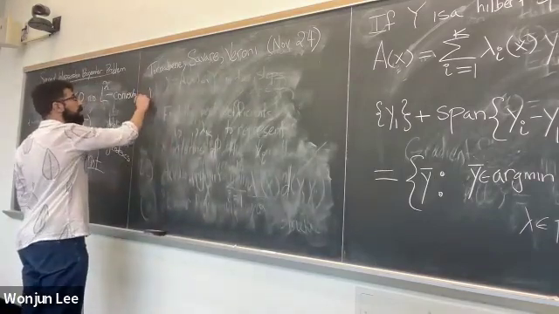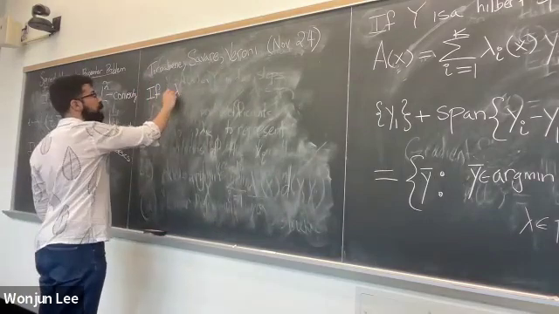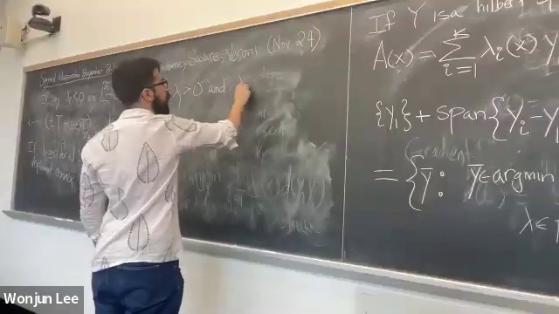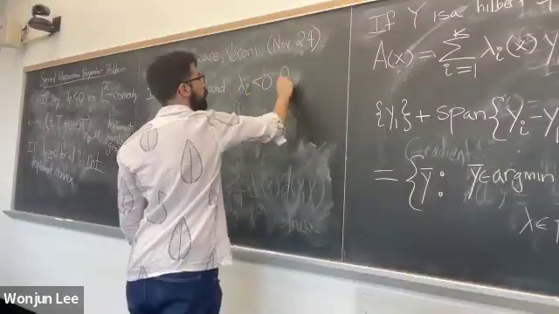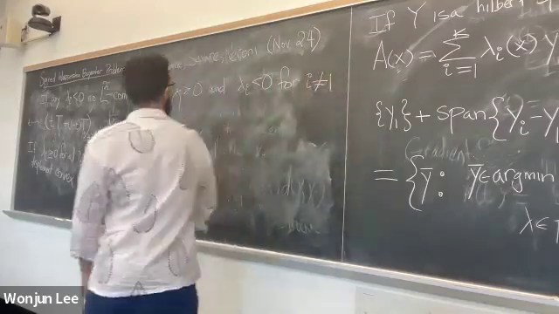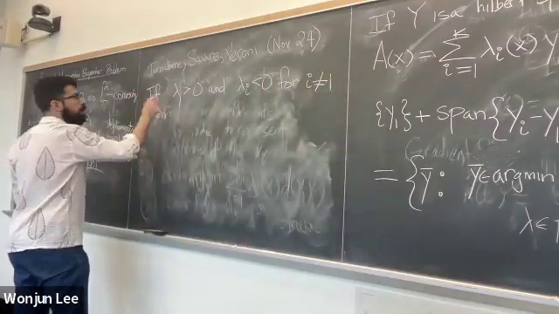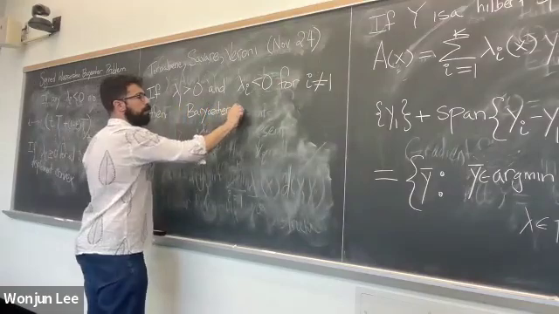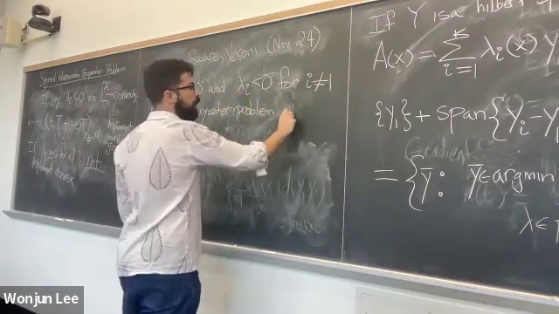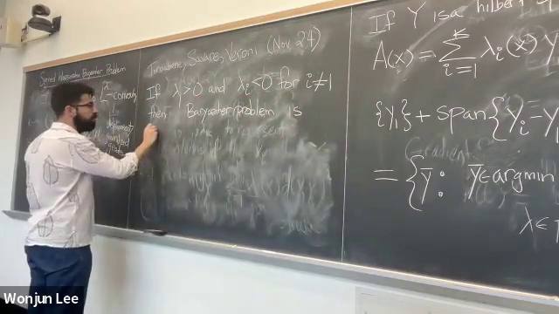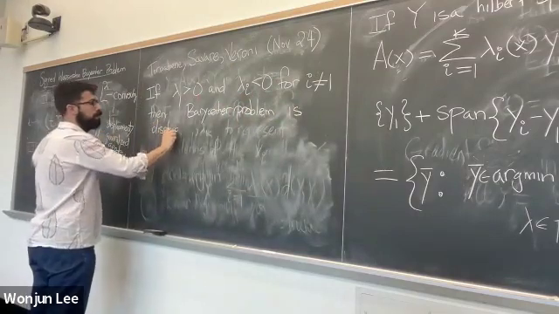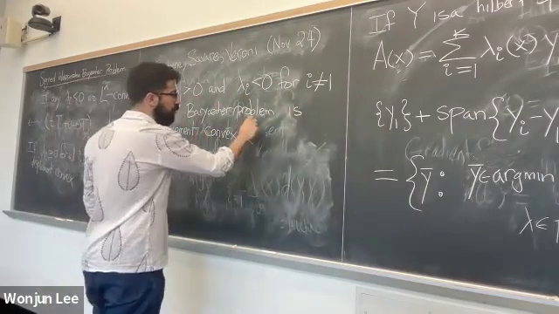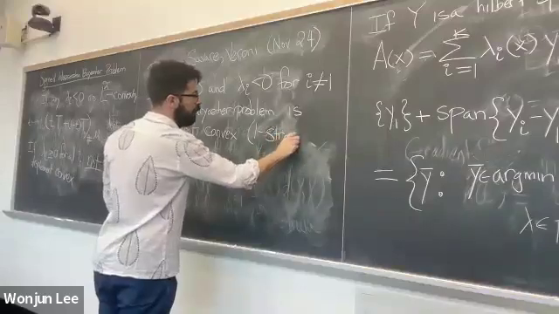Let's just say lambda 1 is positive and lambda i is negative for the rest. Then the barycenter problem is displacement convex, and in fact it's one strongly displacement convex.